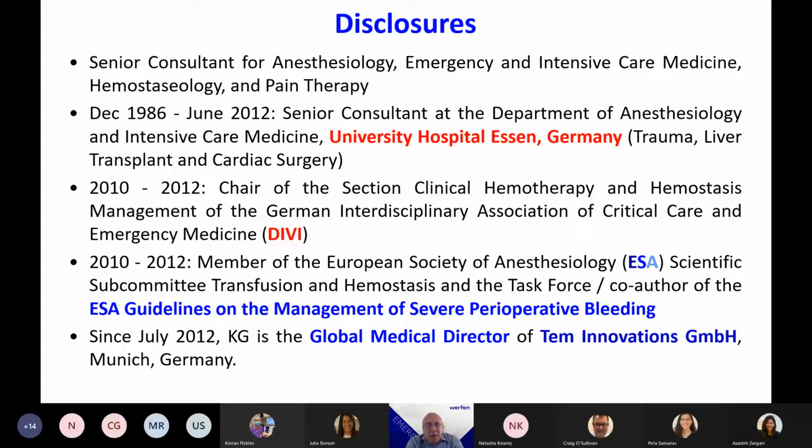I was also a section chair for clinical hemotherapy and hemostasis management in the German Interdisciplinary Association of Critical Care and Emergency Medicine, and also worked in the scientific subcommittee Transfusion and Hemostasis of the European Society of Anesthesiology.